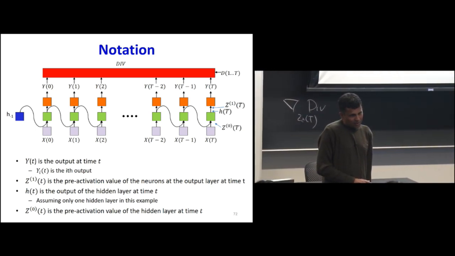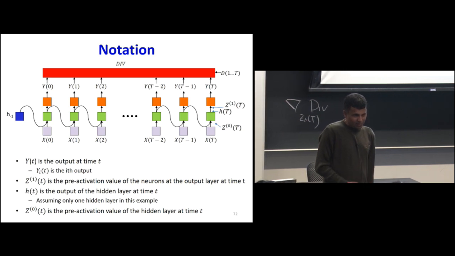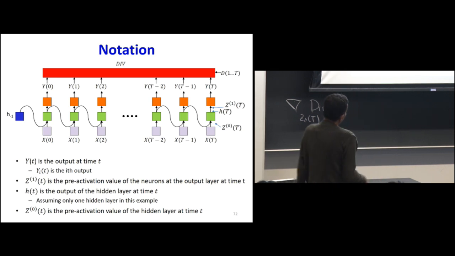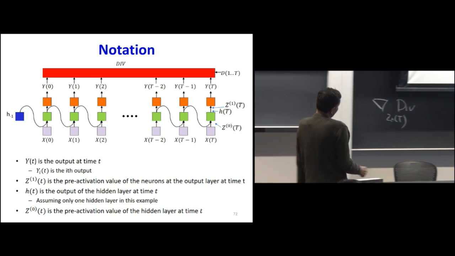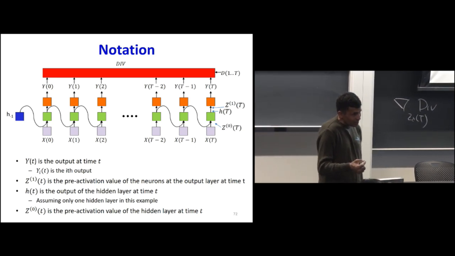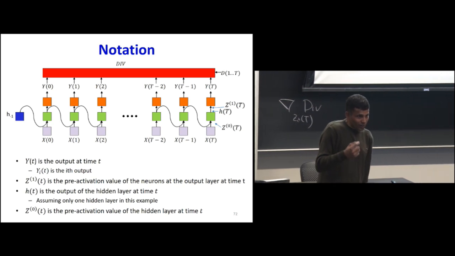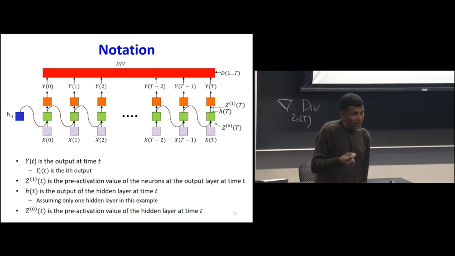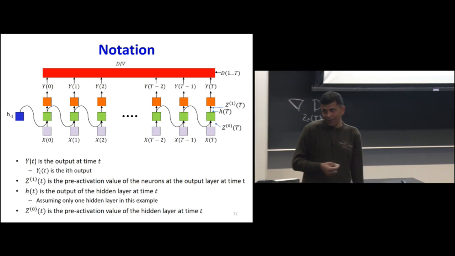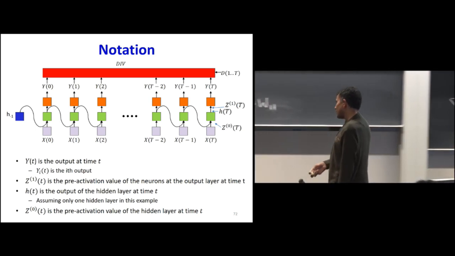Because the dependency is not on h of t directly. Does h of t minus 1 directly influence h of t, or does it influence z of t? It affects z of t, right? So you see what happened over here.